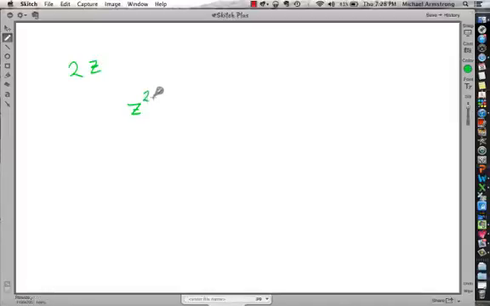Z to the second power, or z squared, plus 8.5 equals something. Well, we don't know what z is. And over here on the side, they tell you that z is equal to 2. So you have to rewrite that. Z squared is 2 squared plus 8.5.